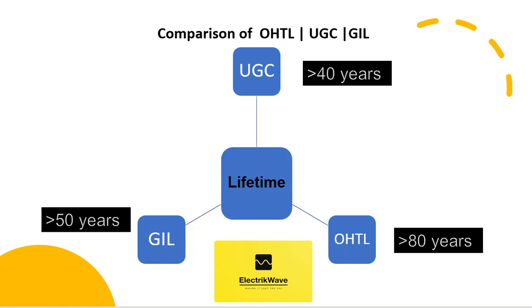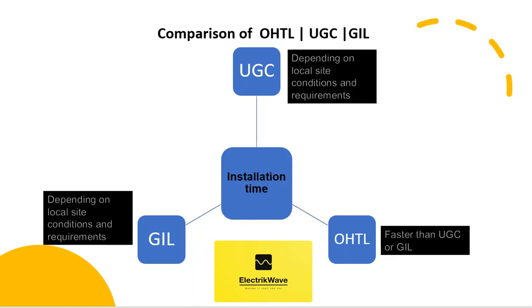Life expectancy in the case of overhead transmission lines is greater than 80 years, for gas-insulated lines greater than 50 years, and for underground cables greater than 40 years. Overhead transmission line installation is faster than underground cables or GIL, while installation time for gas-insulated lines and underground cables depends on local site conditions and requirements.